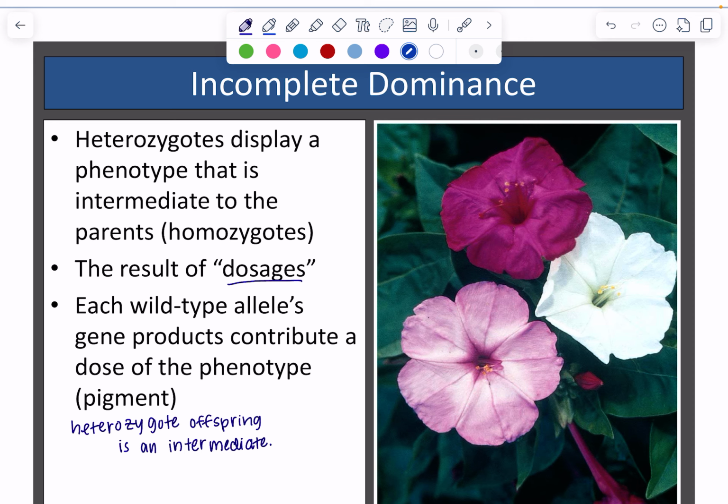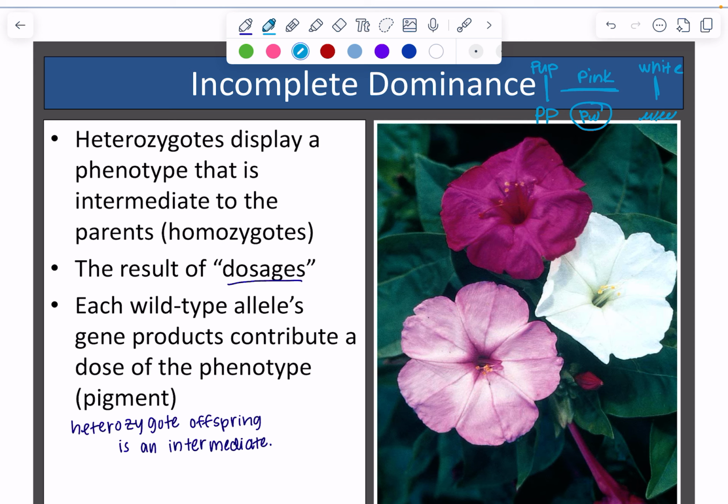So if you have purple flowers on one end of the spectrum and white flowers on the other, and purple is dominant and white is recessive, if you have a purple and a white, you might get a pink. If you have two purples, you'll get a purple, and if you have two whites, you'll get a white. So there is variation between purple and white.